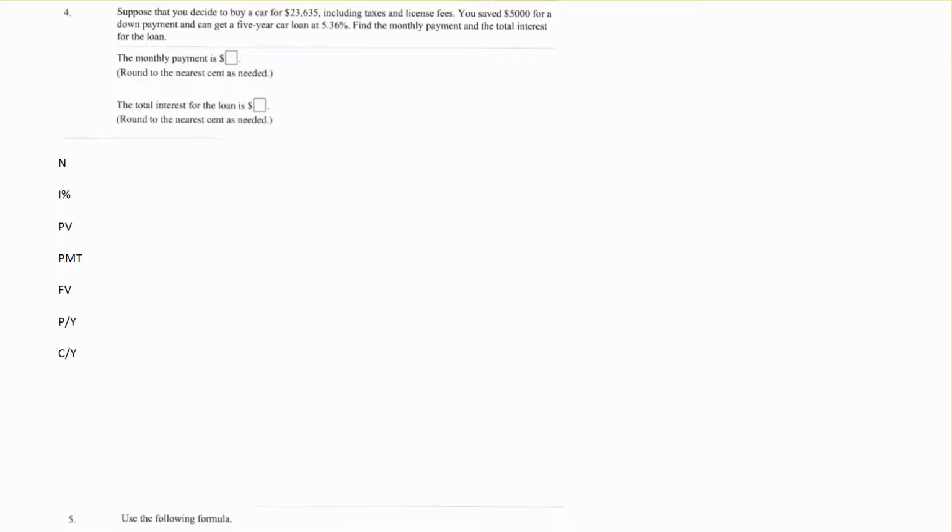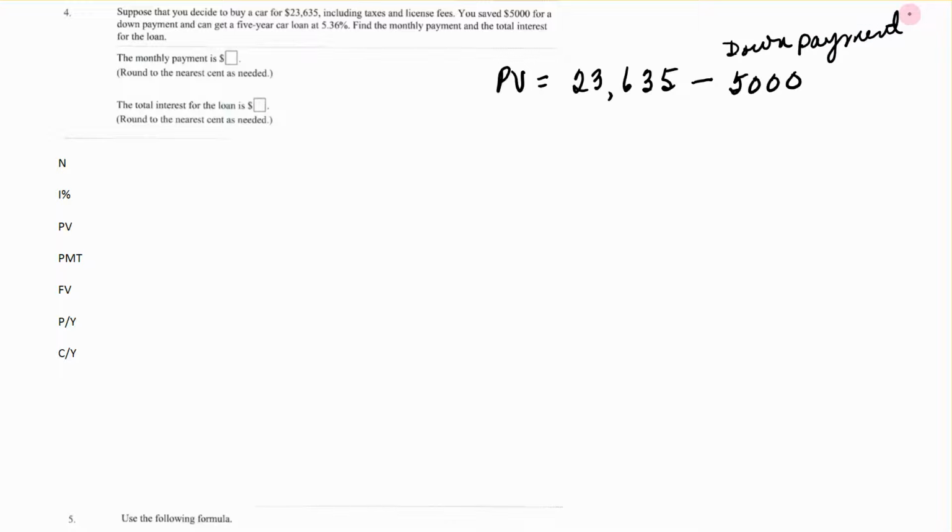Now, this one is a little different because the amount you borrow is your present value. The present value is $23,635 minus the down payment. They sometimes say you have to put a certain amount down.